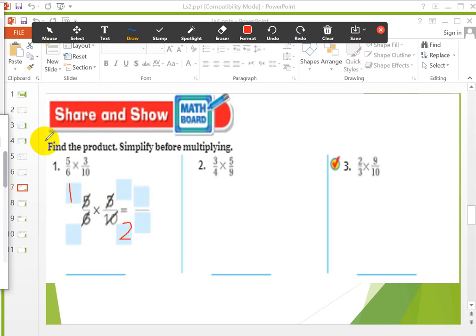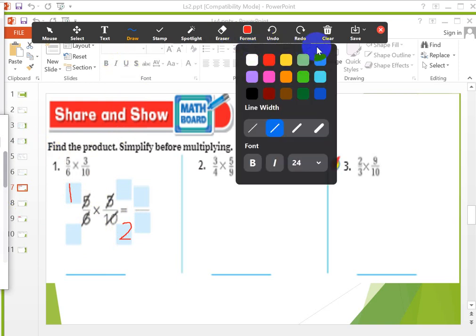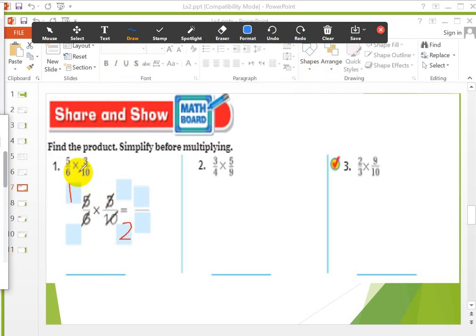Yes, Asma. Yes, dear. Now we will find the greatest common factor between 3 and 6. What is the greatest common factor? For 3 and 6, very easy. No, Asma.